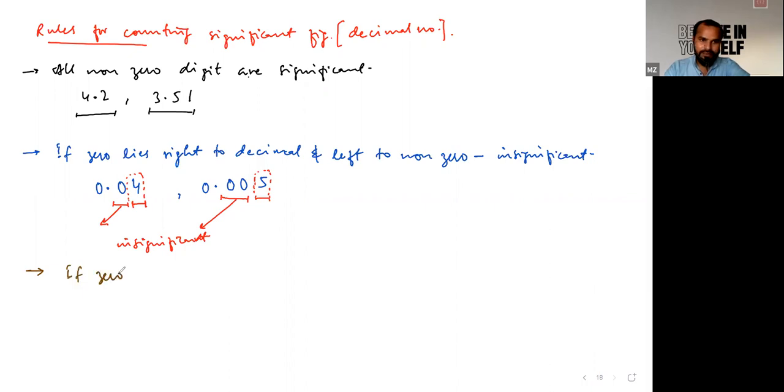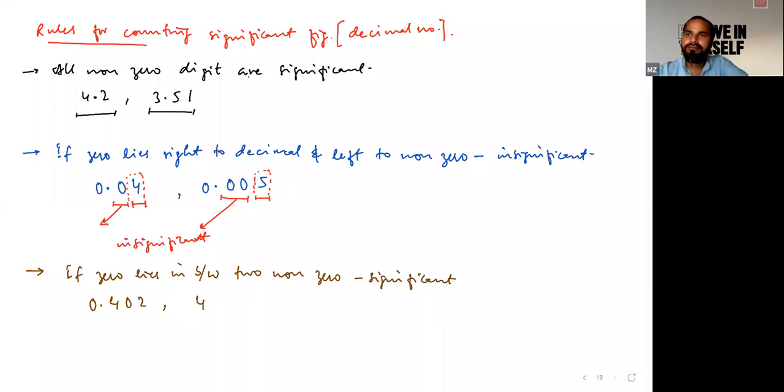If a zero lies in between two non-zero digits, then it is significant. Suppose you have such a number and so on.